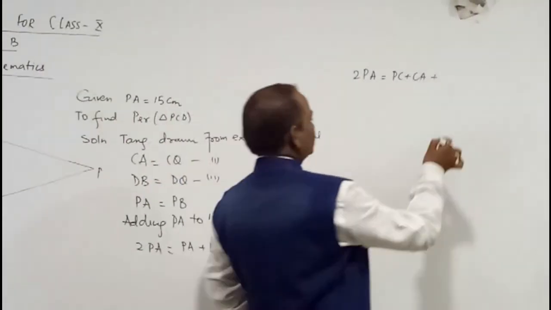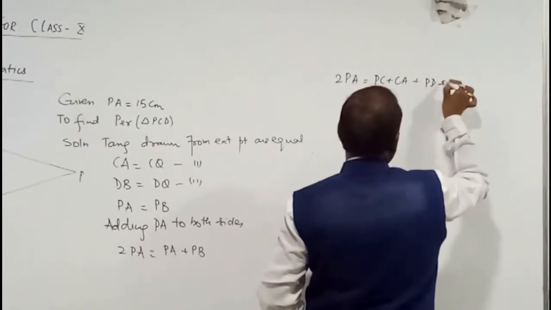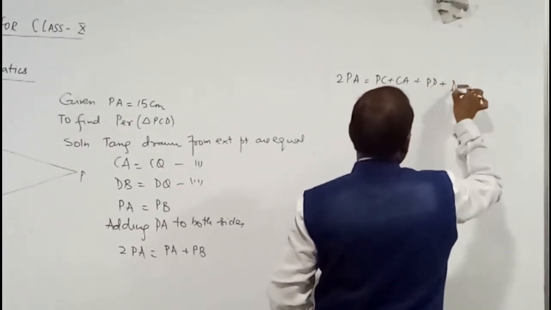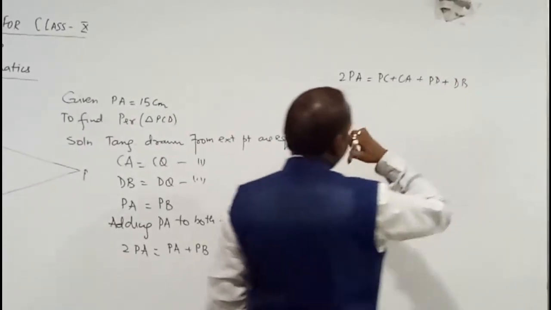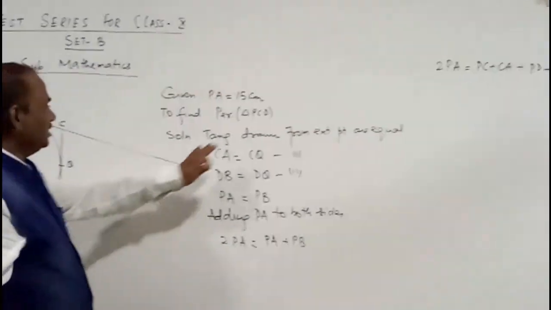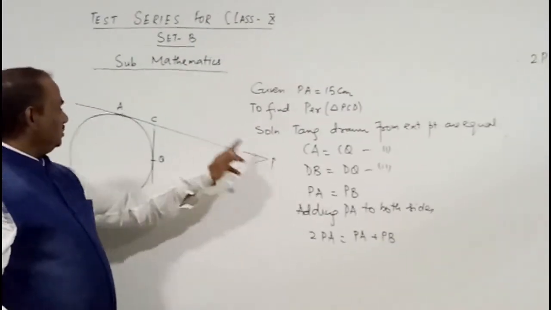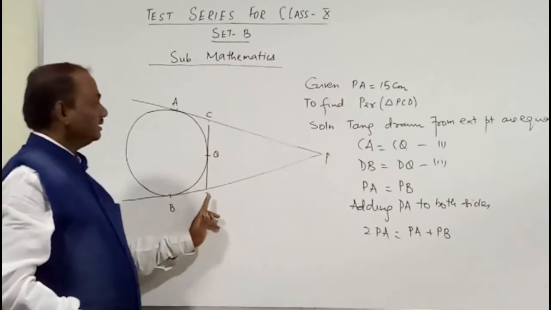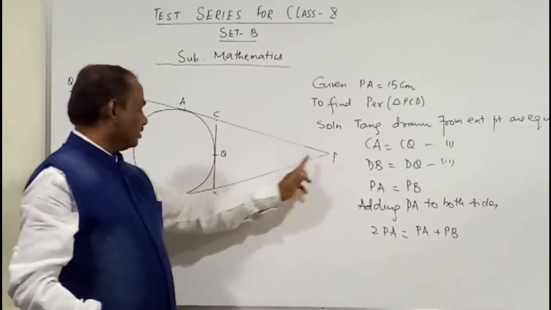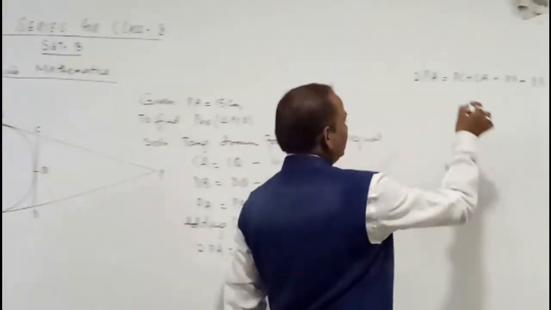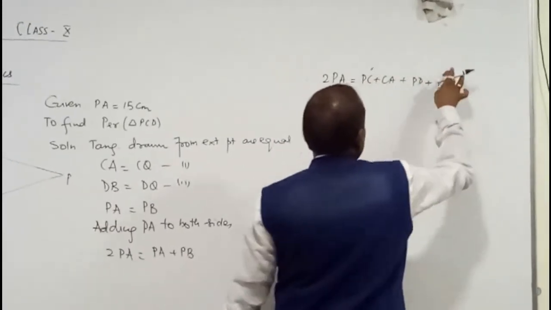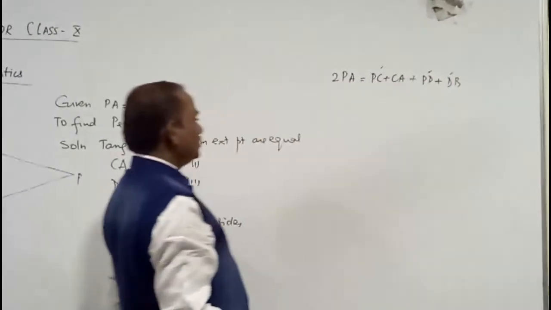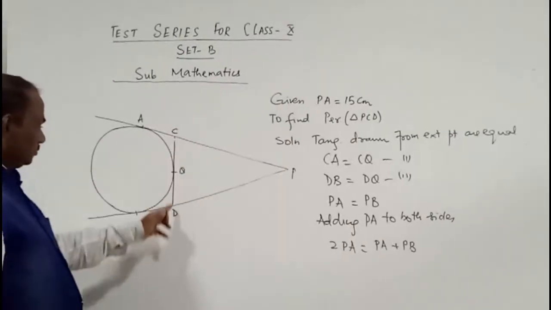So here I write PD plus DB. Now, if you look at the requirement, the perimeter, I have got PC, I have got CD. I have got PC and I have got PD. PC and PD I have got. Now what do I need to bring together? I need to bring CD now.